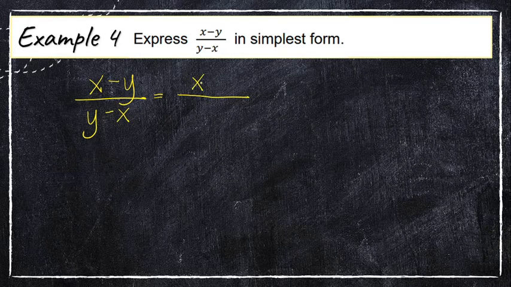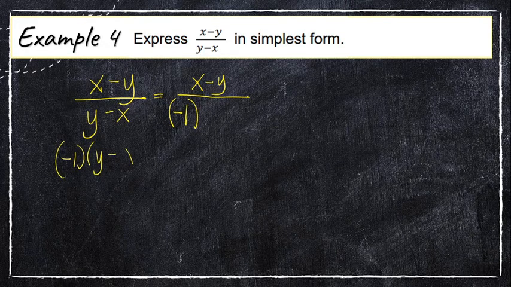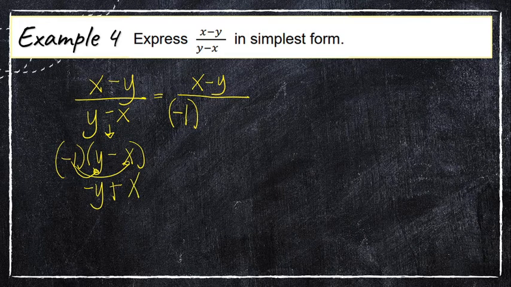So in this case, we're going to rewrite x minus y, and then we're going to multiply y minus x by -1. So we're going to write here -1, and then if we're going to multiply, this will become -1 times y minus x. So we're going to have here -y and then positive x. And then if we're going to arrange this, it will become also x minus y.